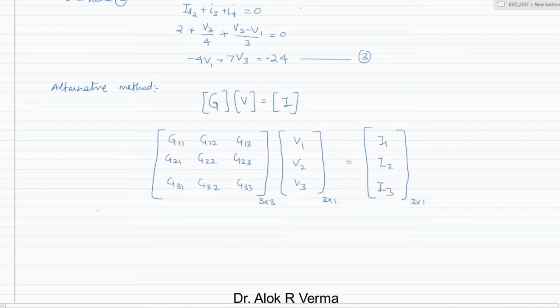So in this particular representation, is there a possibility to write this matrix as we wrote the mesh impedance matrix? So what is G11? G11 is basically the sum of all the conductances of all branches connected to that particular node, node 1.